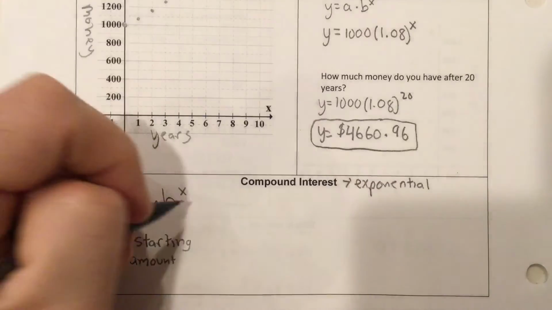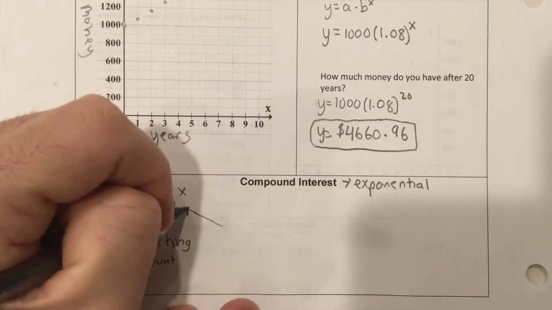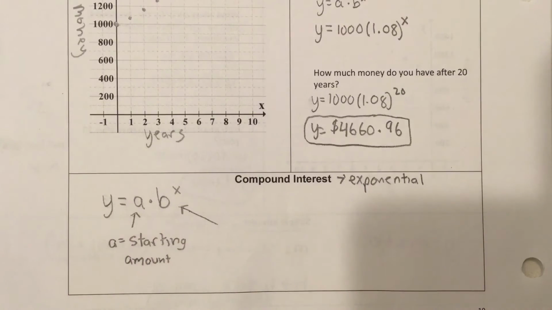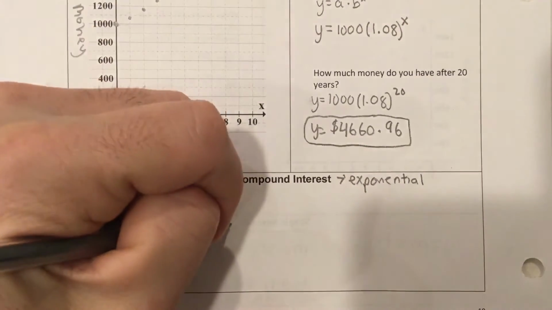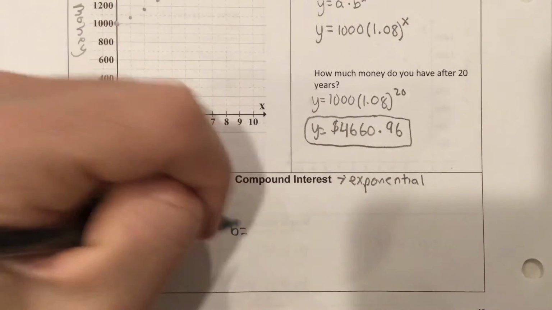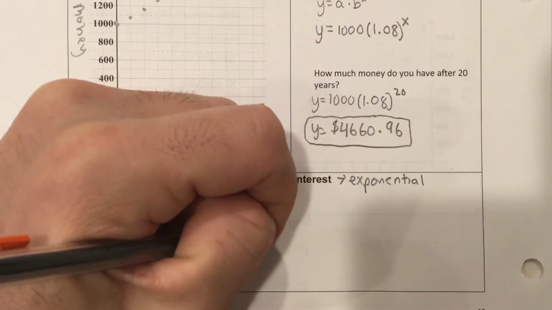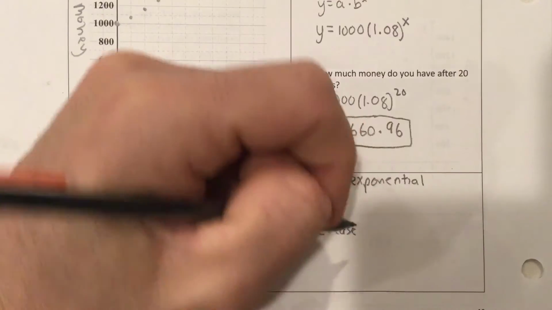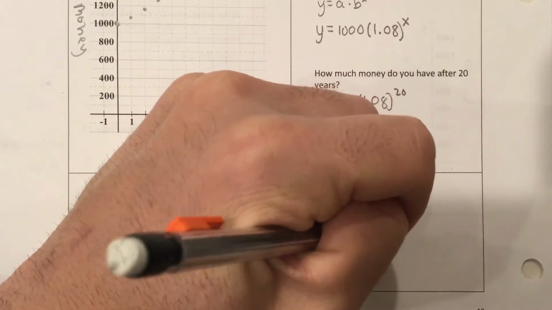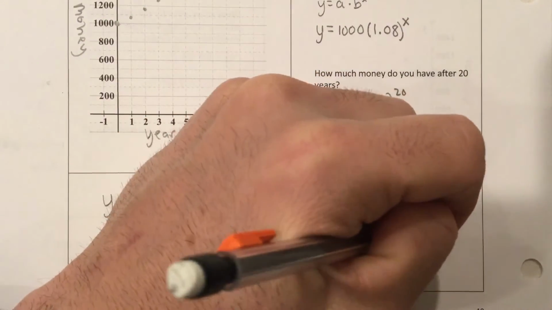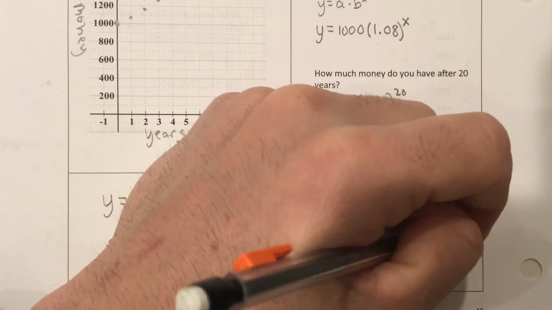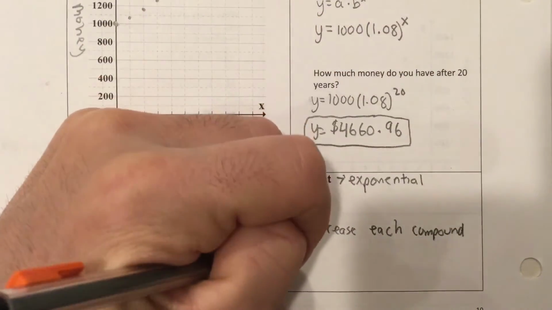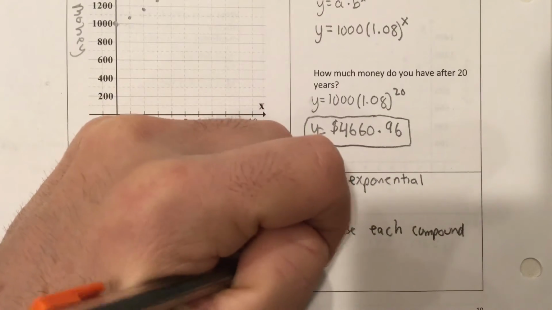The b is what's a little tricky. For this problem, it was pretty easy, but as we go to other problems, that's where it gets a little tricky. So your b is your percent increase each compound period written as a multiplier.